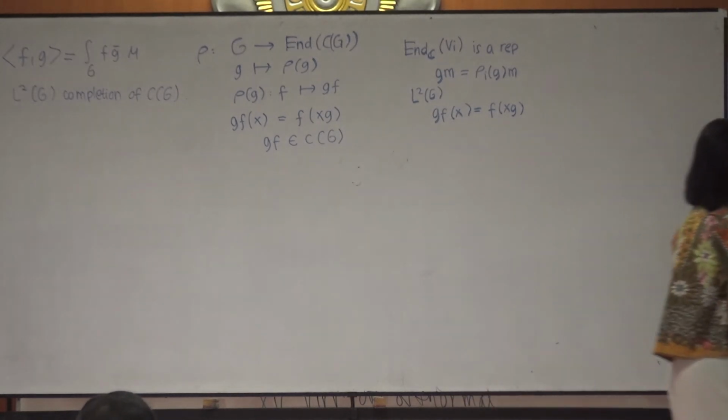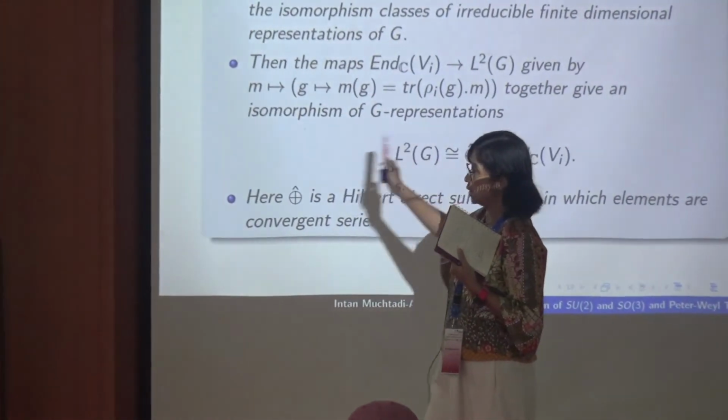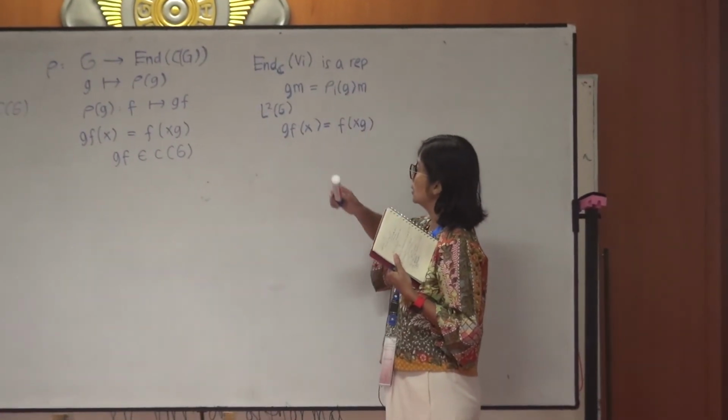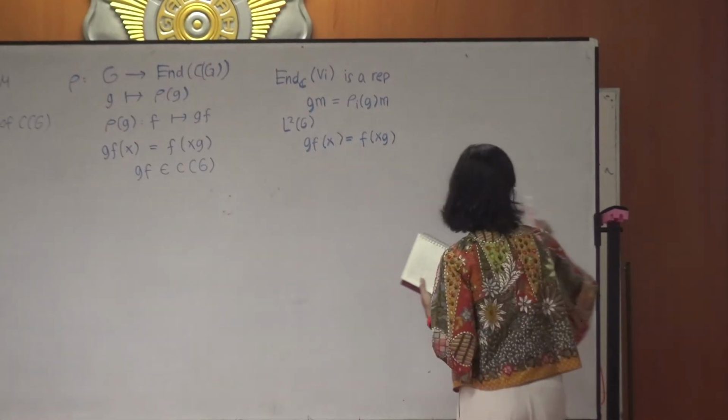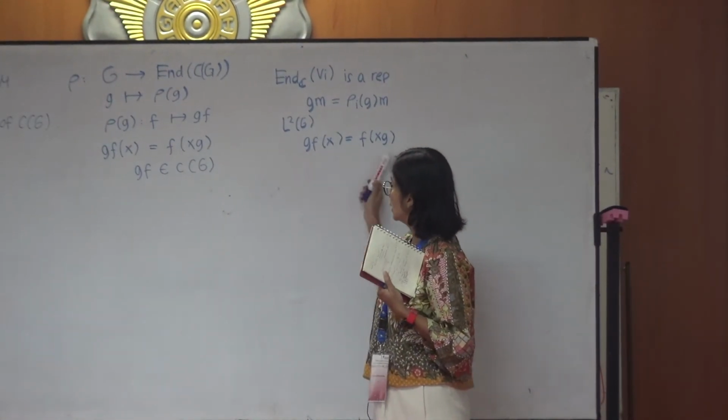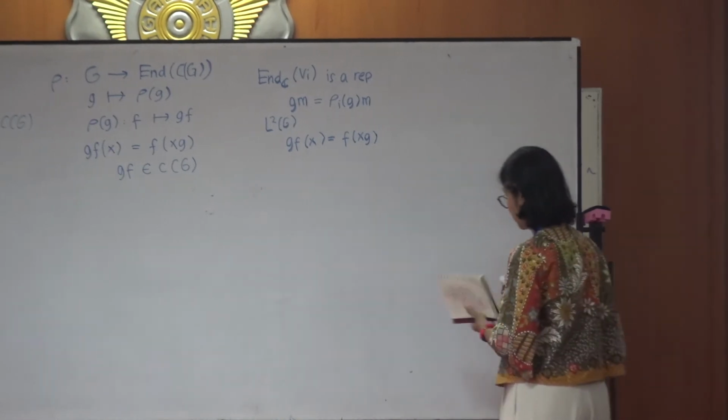So this side is a representation of G via this, and L2G is also a representation via this equation.